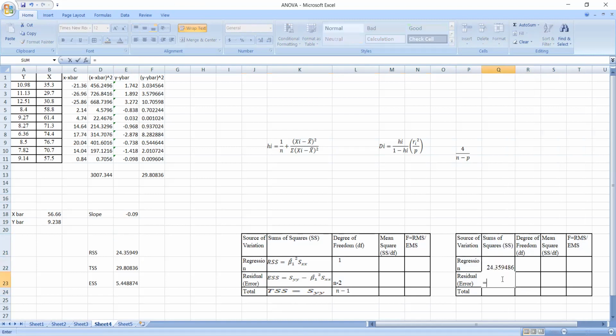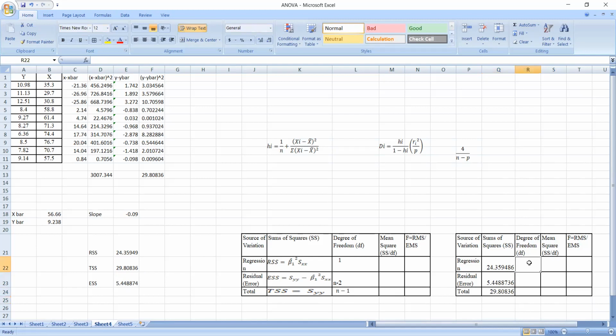For the error sum of squares, that is the difference between the total and the regression, we have it here. And for the total sum of squares, we have 29.8, this one.